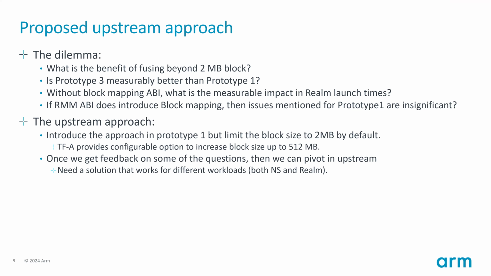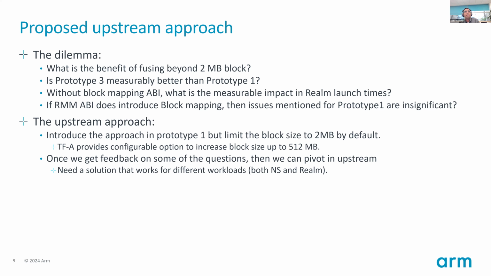Hi, Soby. Is it possible to have realms that are based on different block sizes? So, for example, in automotive, we may have one big VM, one big realm, and then multiple small ones. In that case, we may want to have 512 MB for the big realm, but keep the 2 MB for the other ones.